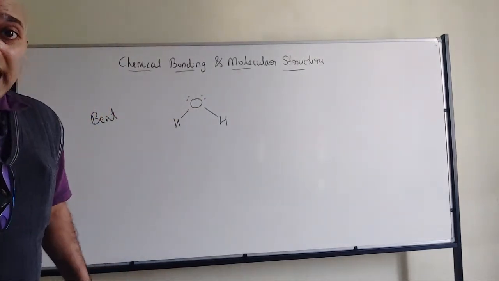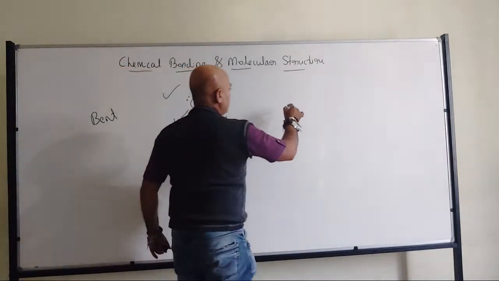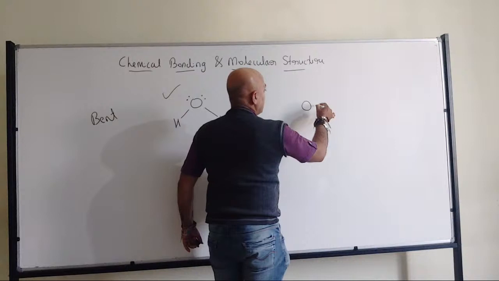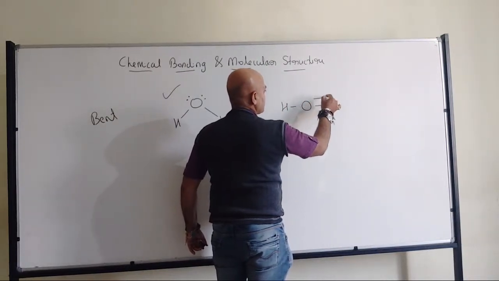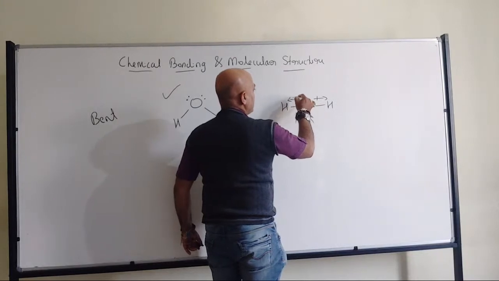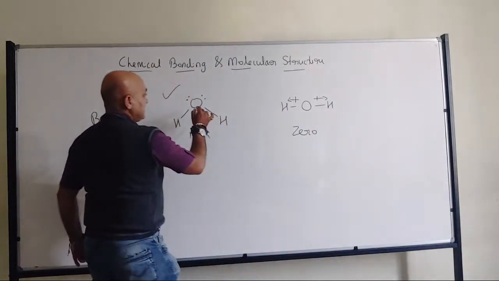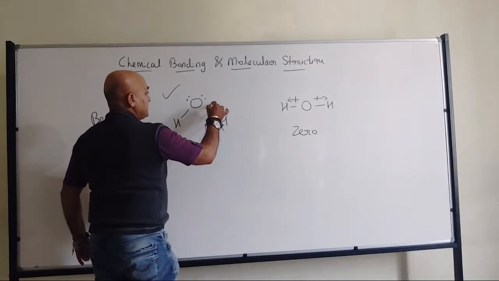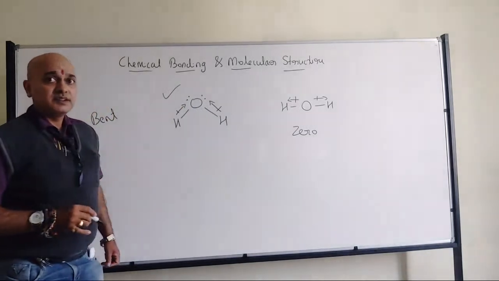Imagine that there is no bend and water has a linear structure. Naturally, the net dipole moment would have become 0. But here, net dipole moment is present because it has a bent structure.